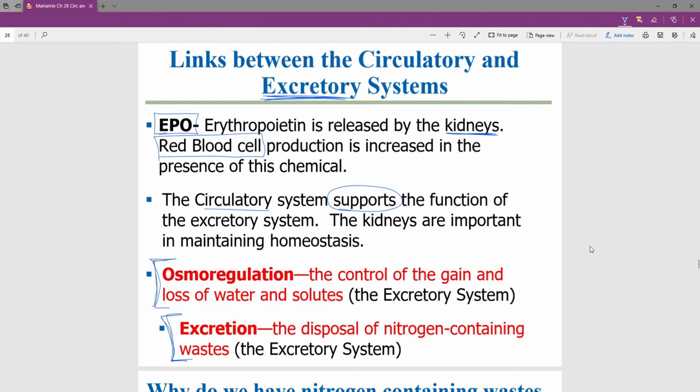It is the control of the concentration of everything in your body and the amount of water in your body.